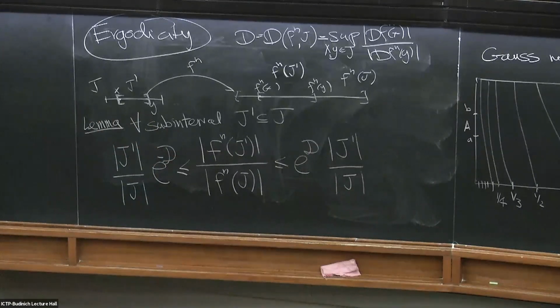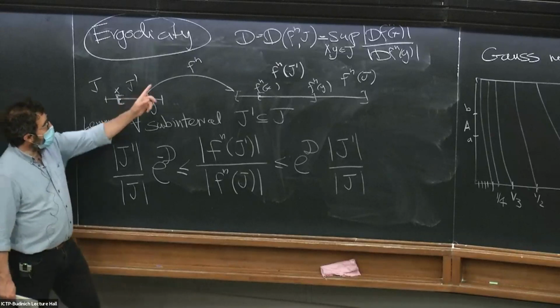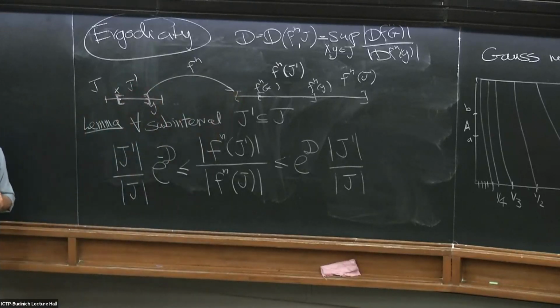So how does this apply to piecewise affine maps? If this F^n was affine, what would it imply in particular?